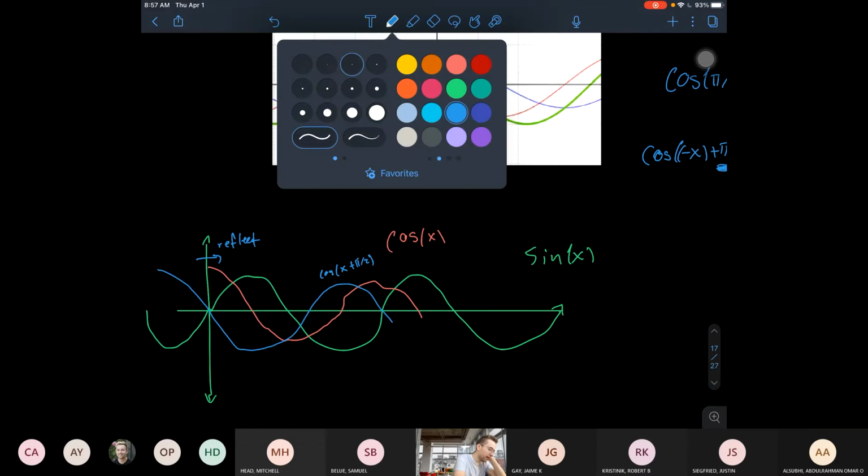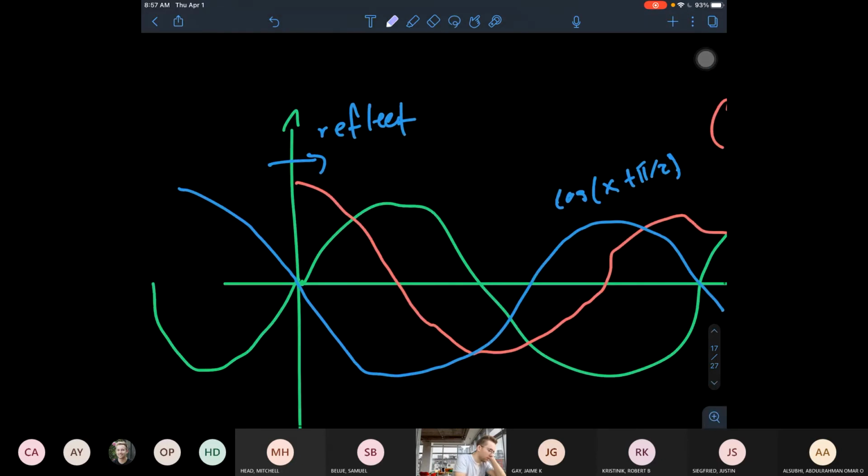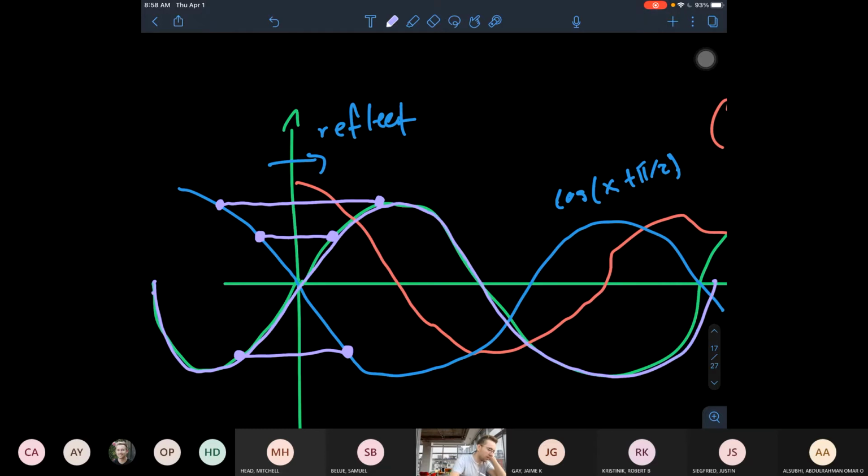And now if I reflect, then each point on this side is going to come over exactly onto the sine graph. This point likewise is going to come over directly onto the sine graph, and this point here is going to go directly over onto the sine graph, right? So if we reflect, we wind up getting something which is basically right on top of sine.